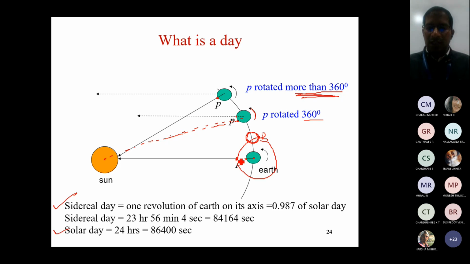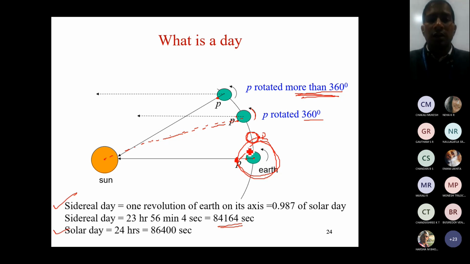When the satellite was here at this particular point, and completes one rotation at exactly this point, that means it completes a 360-degree rotation, so that is called a sidereal day, which is equal to 84,164 seconds, or you can remember it as 23 hours 56 minutes and 4 seconds. This is the time taken by the satellite to make one rotation.